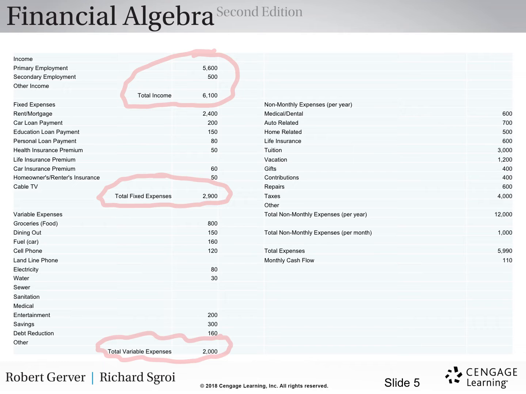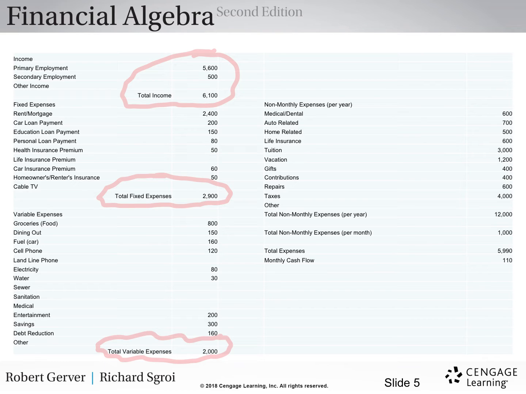These are things like groceries, eating out, things that change from month to month that aren't fixed. You may go grocery shopping and spend a certain amount one day, and a week later you'll spend a totally different amount. So these are variable expenses, but again, tracked monthly.